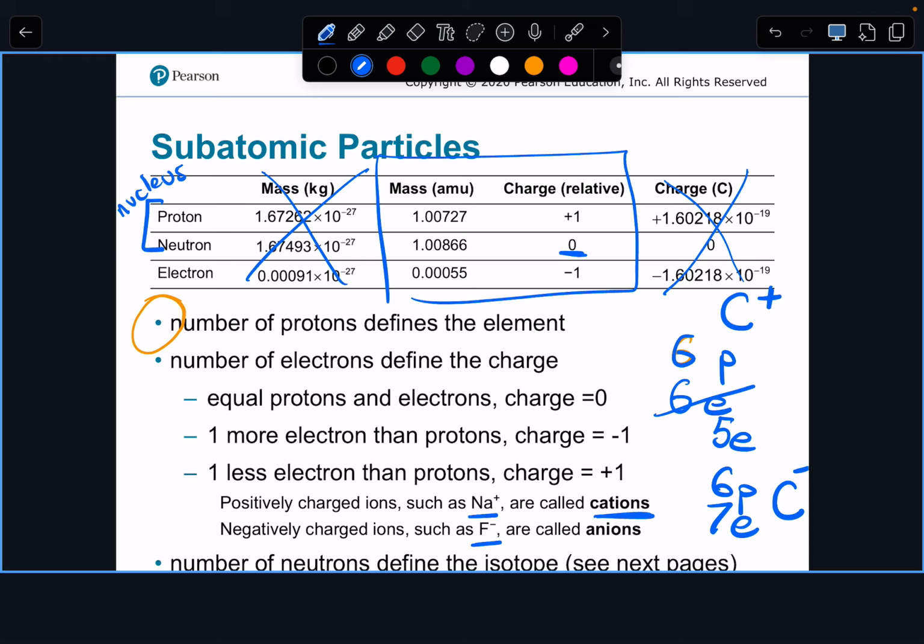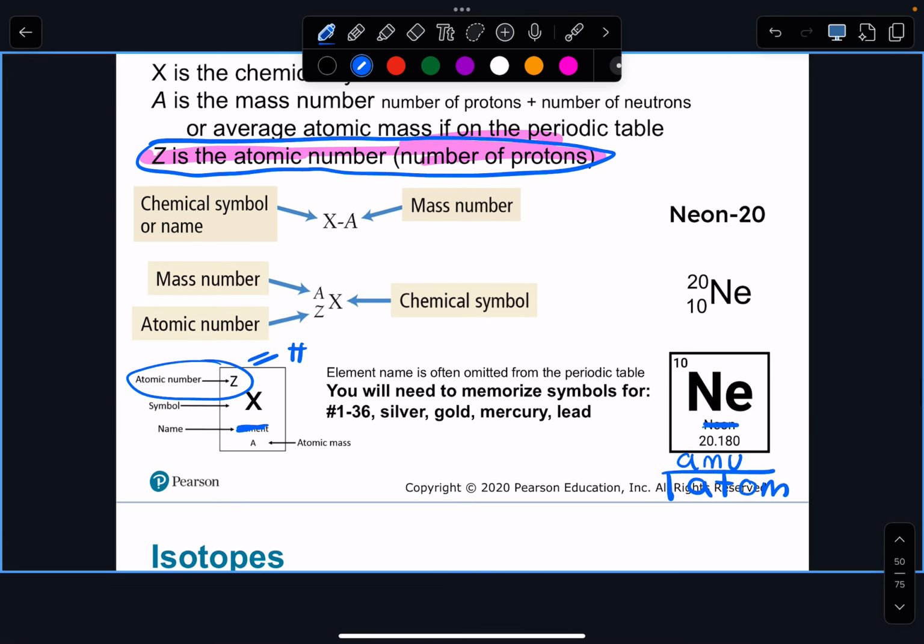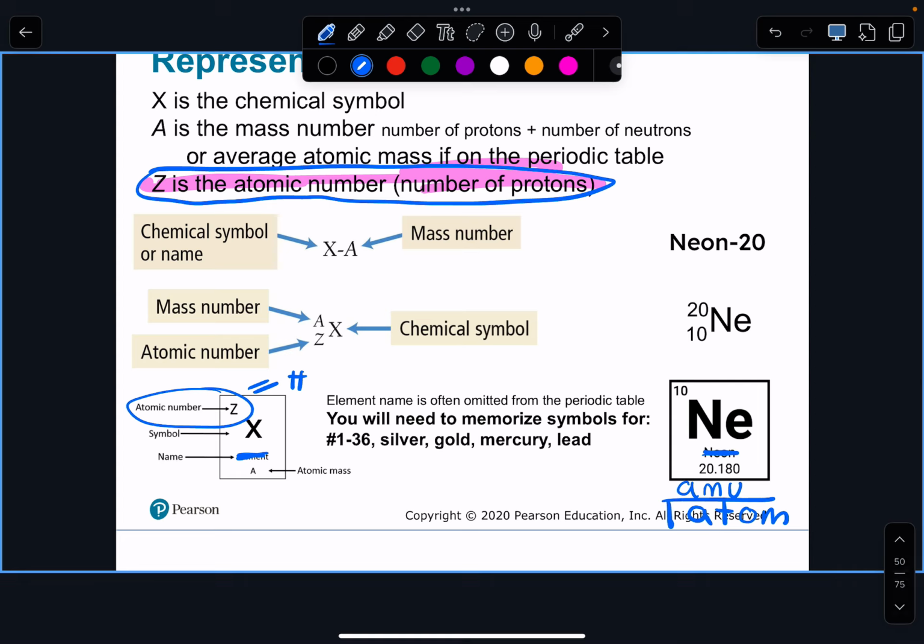But knowing that they're close to 1 is useful, because we will sometimes round the atomic mass on the periodic table and talk about it as the mass number, okay? So we would refer to this particular neon atom as neon 20 because its mass is very close to 20.